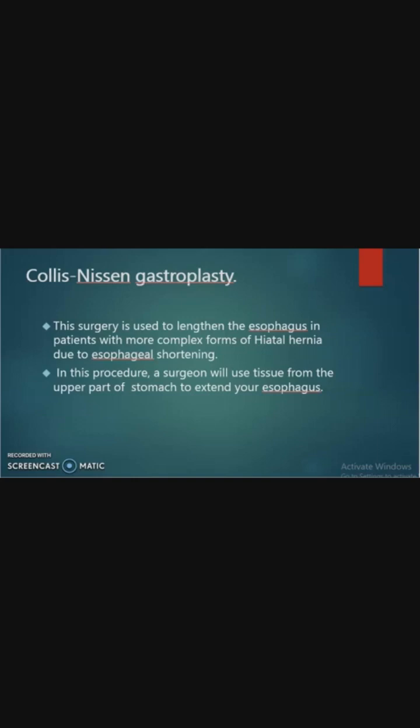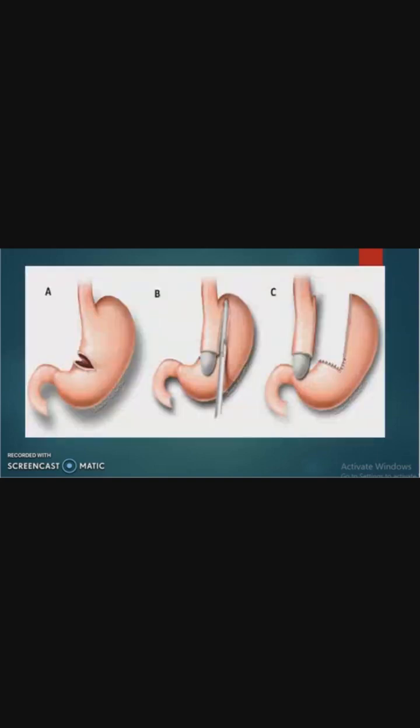In this procedure, the surgeon will use tissue from the upper part of the stomach, and this will help to extend the esophagus. In this picture, you can see the part of the esophagus they are taking to extend the size of the esophagus.